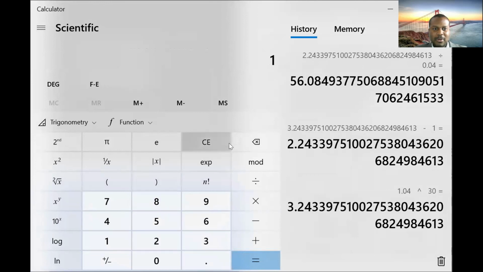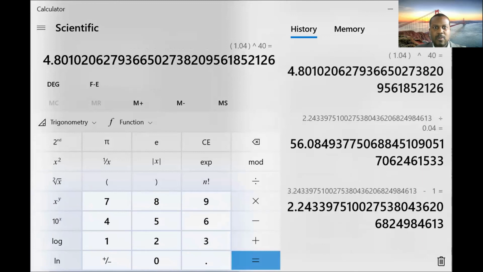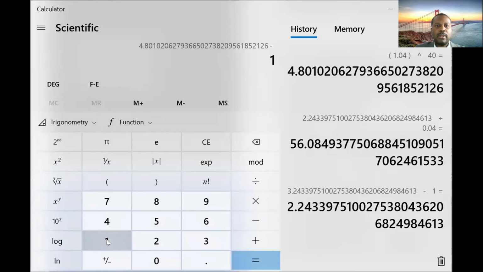1, bracket, 1.04, close bracket, raise to 40. Okay, we minus 1.